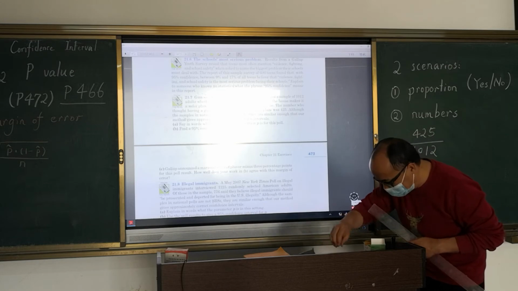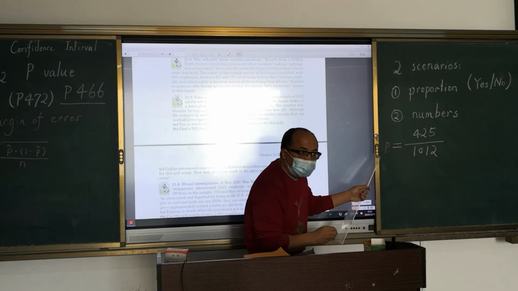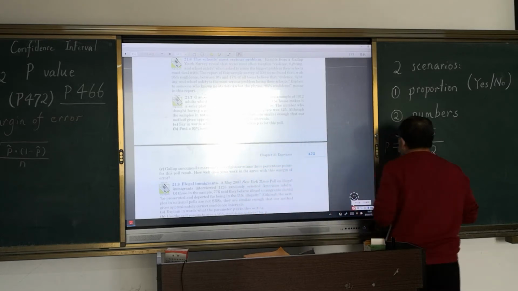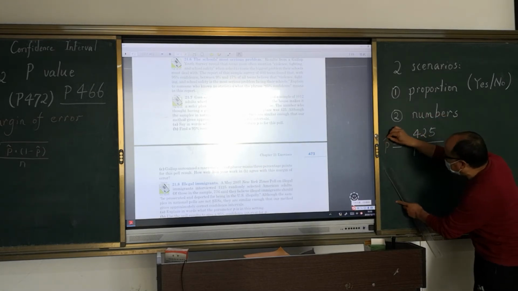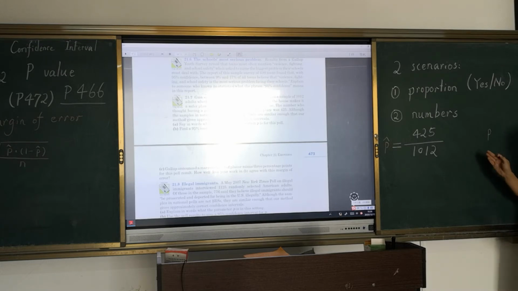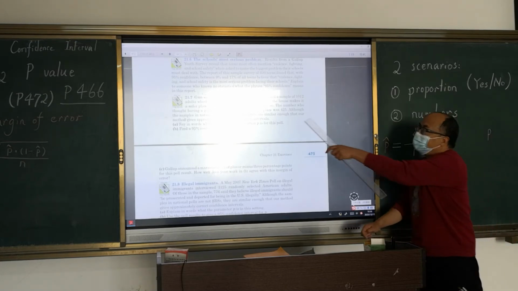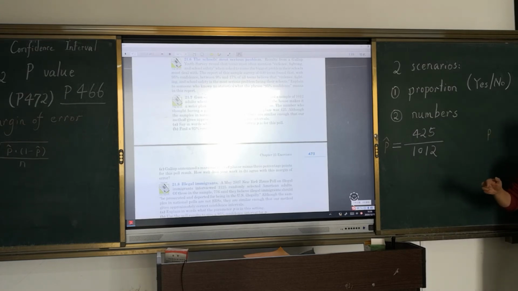This one with a hat means it's a sample. This one means the whole population. In this question, the whole population means every American.